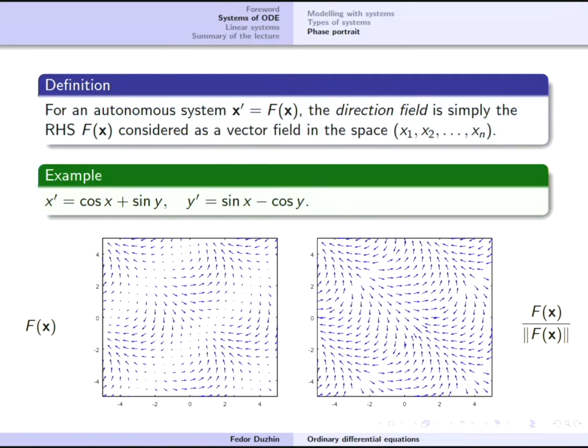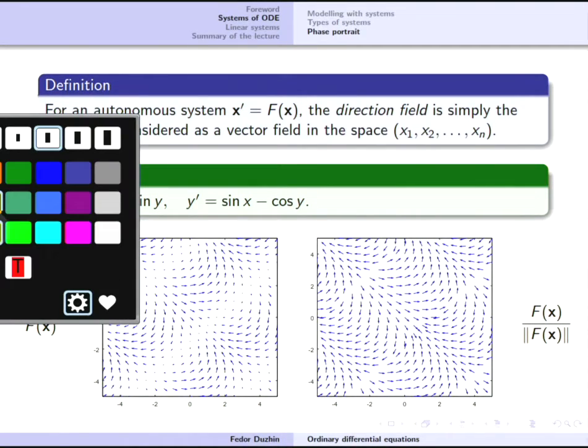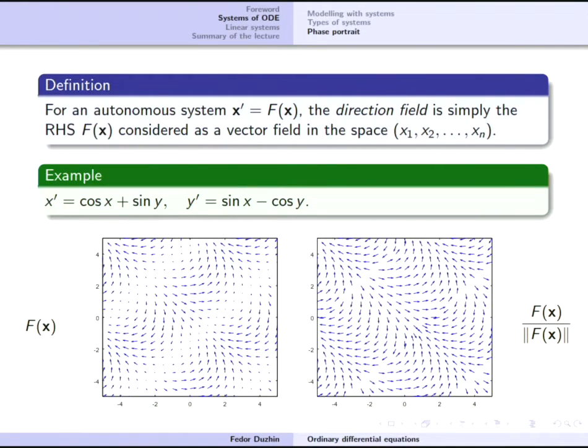For example, in this case, I think plotting with magnitude is better, because there is some funny stuff going on somewhere, say for example around here.